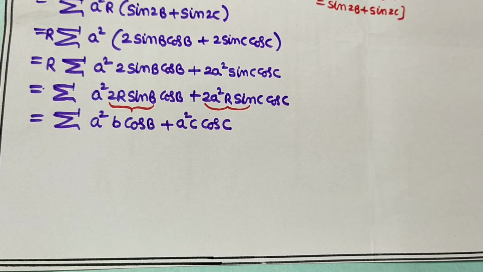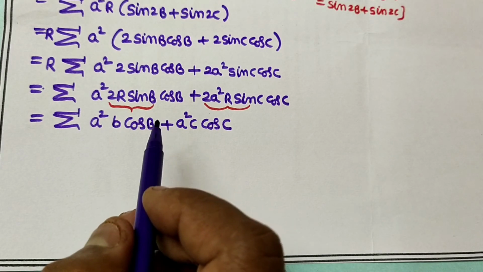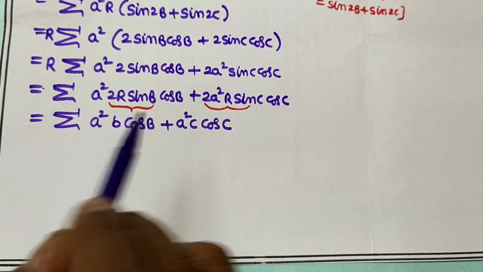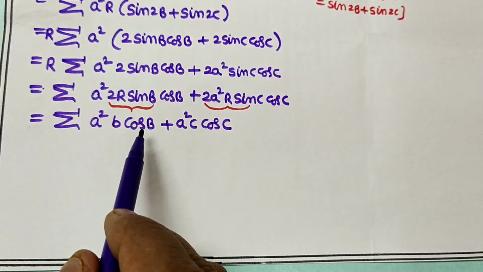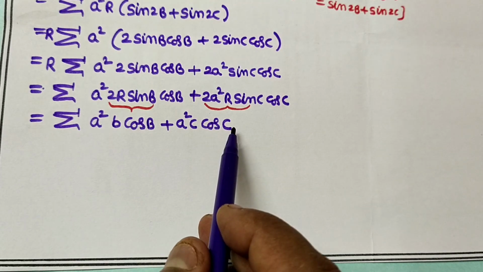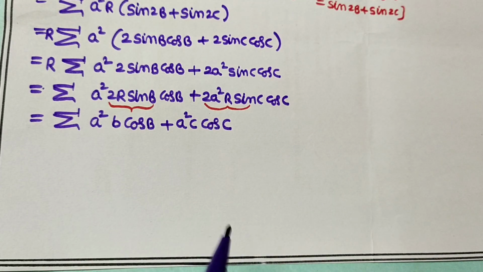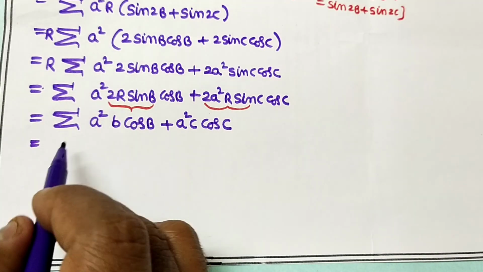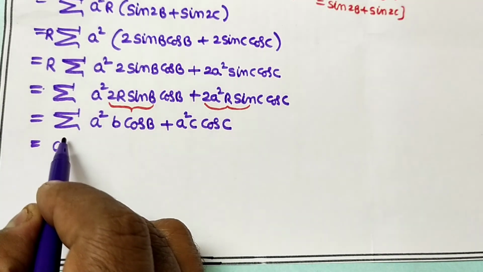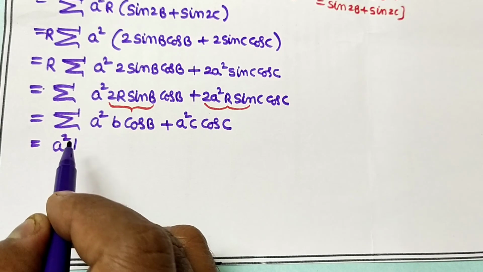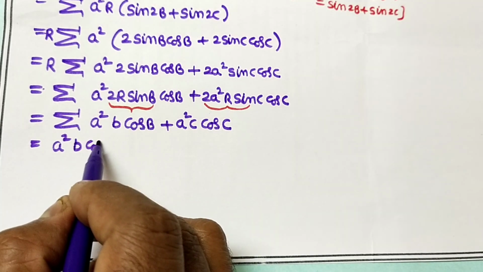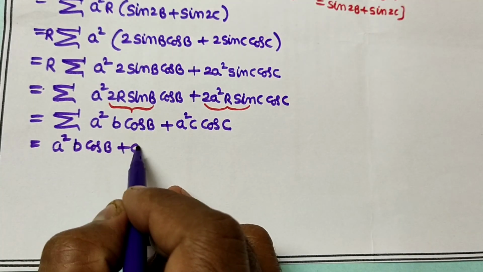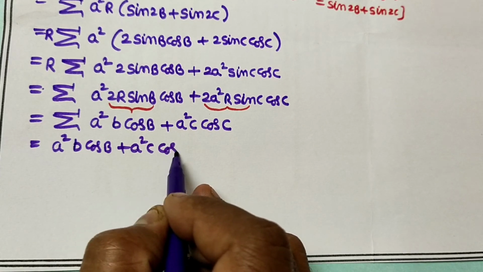A is common. Not only a, you have to do this as an expansion. So a square b cos b plus a square c cos c. Like this you can expand, that means by the cyclic process. If you remove the sigma, it becomes a square b cos b plus a square c cos c.